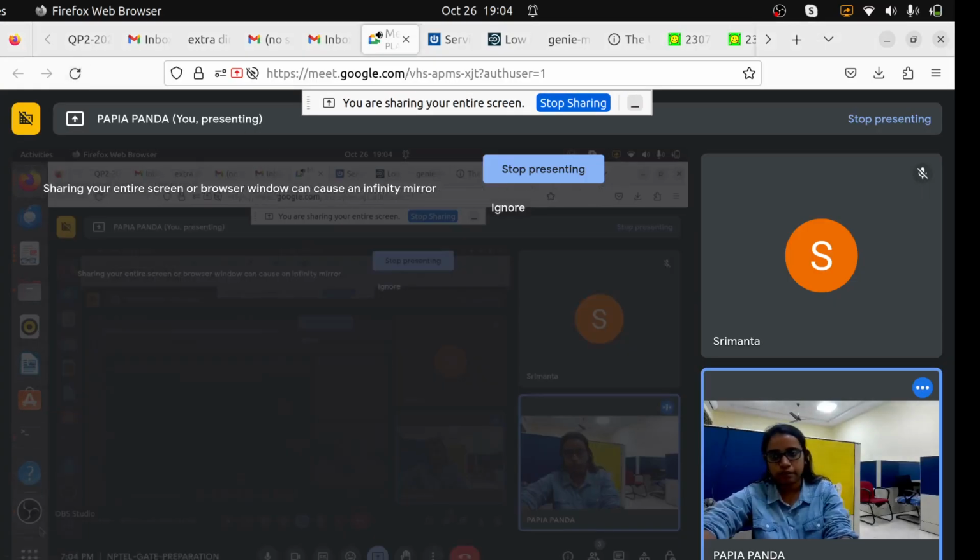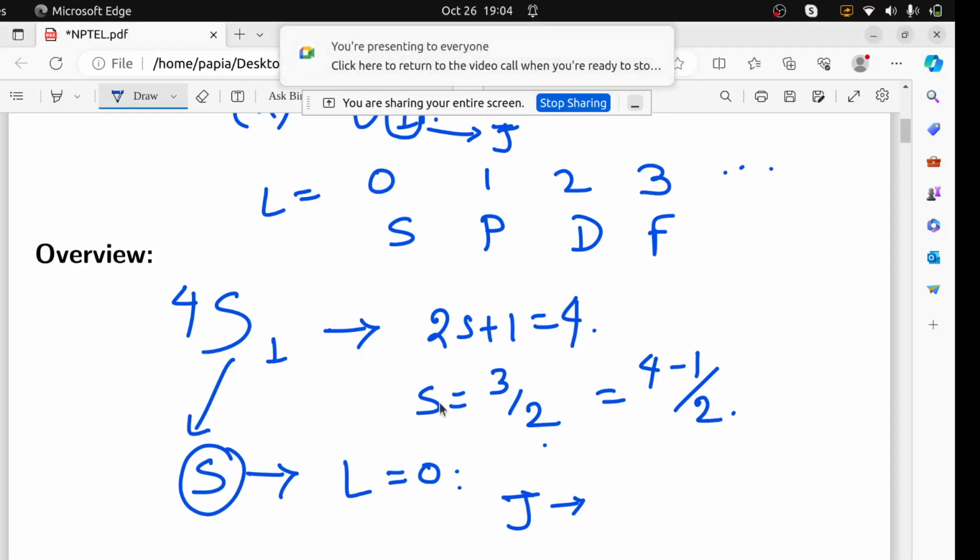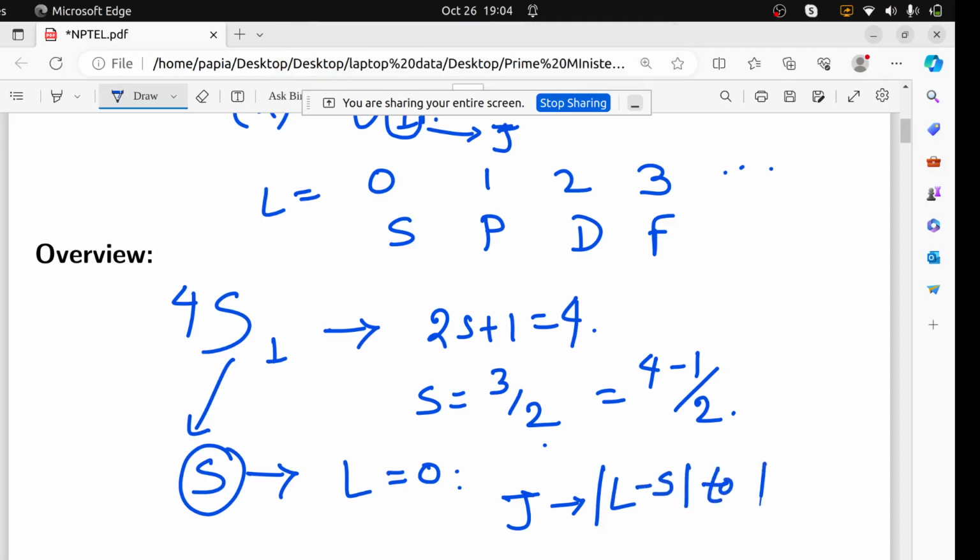Okay, fine. J will be from mod of L minus S to L plus S in steps of 1, as usual, right?